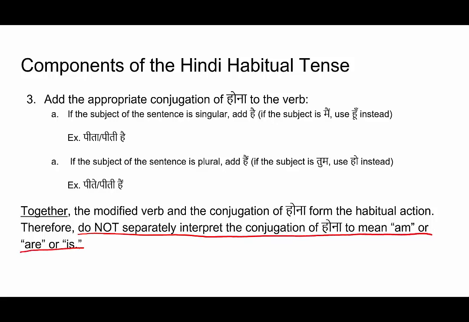This is because together the modified infinitive plus the conjugation of hona equate to the meaning of the habitual form of a verb. So pita hai and piti hai mean drinks, like he drinks or she drinks.